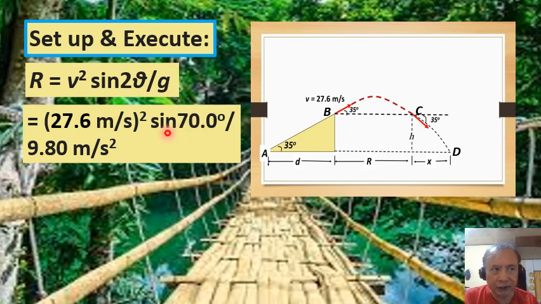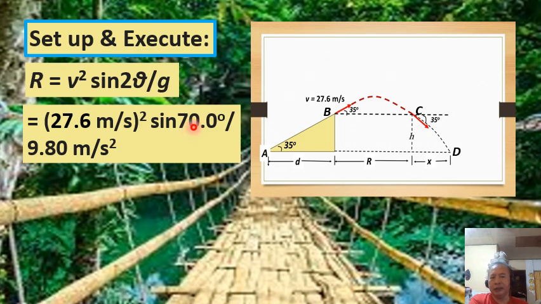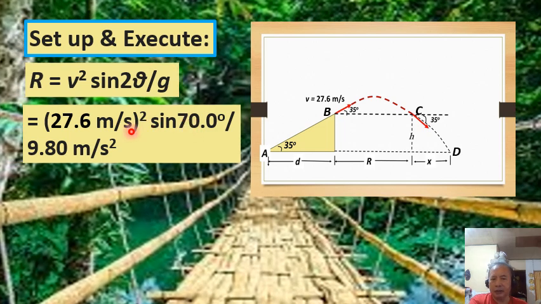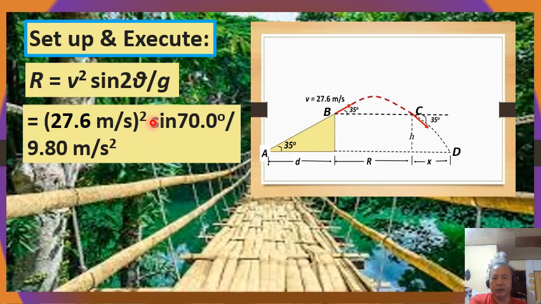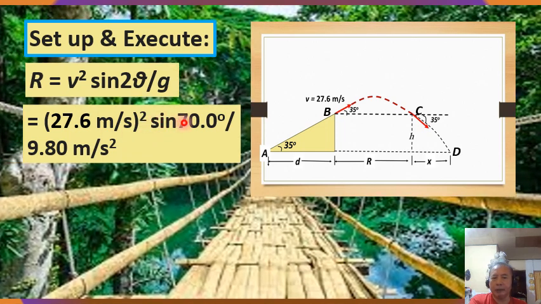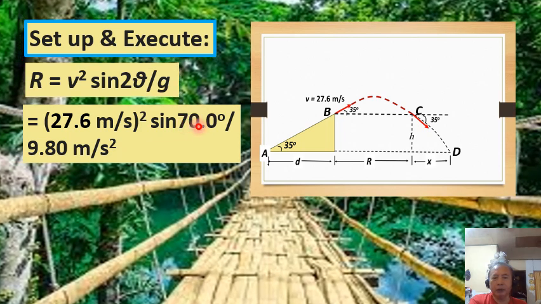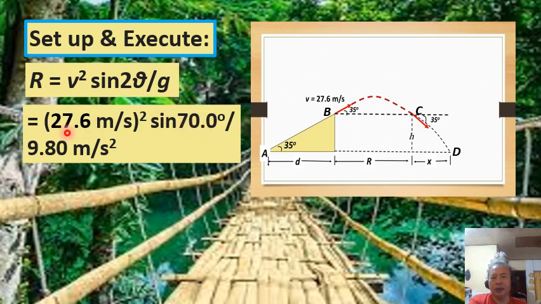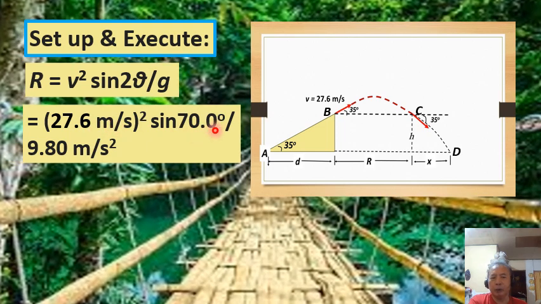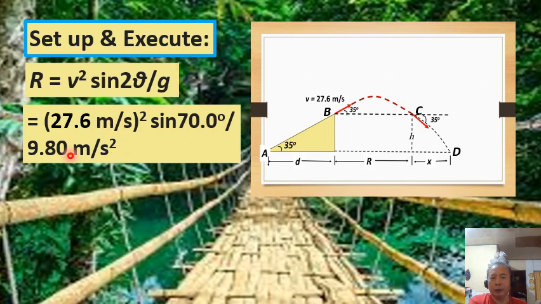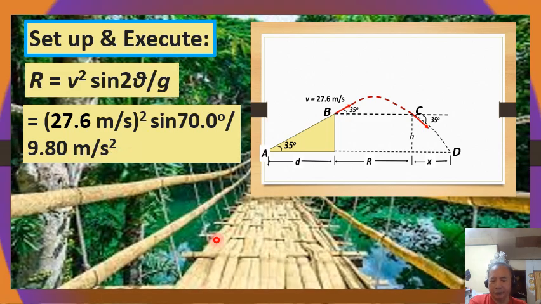So after getting the sine of 70.0 degrees, that's the time that we can do the next operation, which is we multiply that value of the sine of 70.0 degrees by the square of 27.6 meters per second before we divide the whole thing by 9.80 meters per second squared.